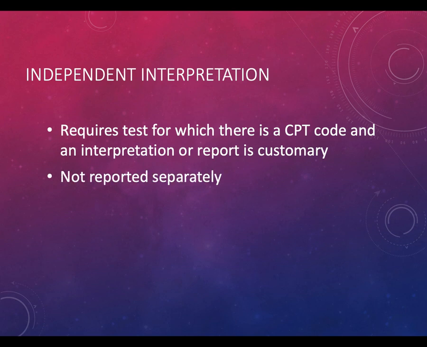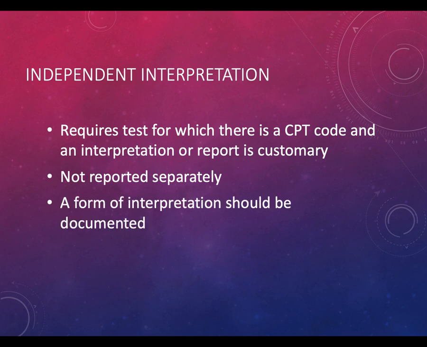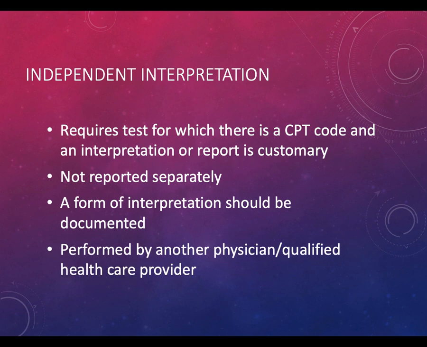This is not for the physician who has or had reported the service with a separate code. 3. The interpretation should be documented, but need not conform to the usual standards for reporting this particular test. And 4. The test must have been performed by another physician or other qualified healthcare professional.